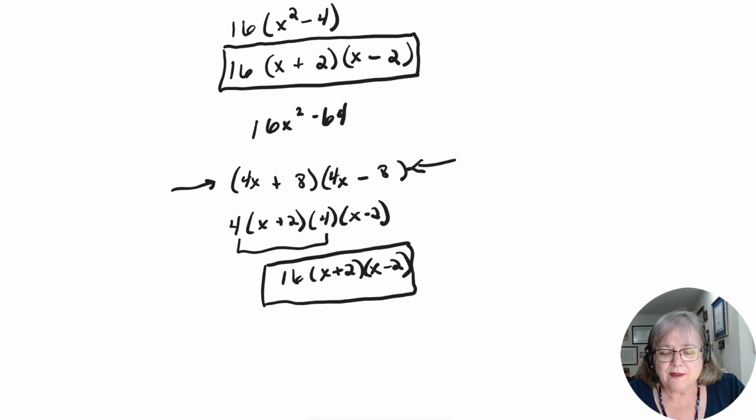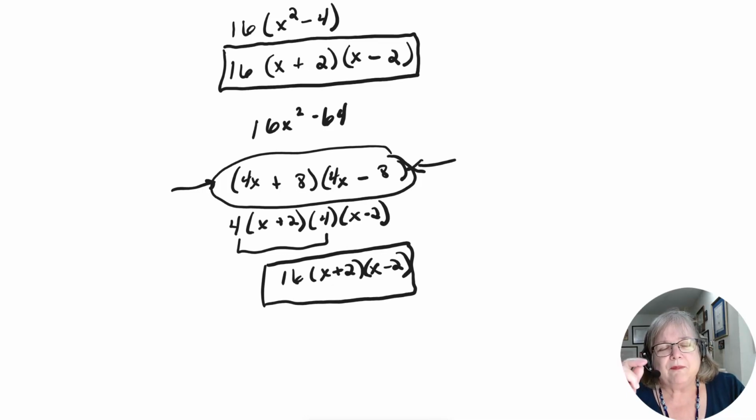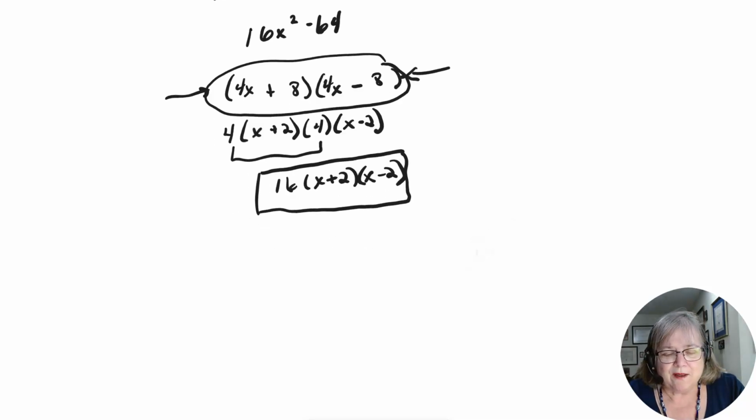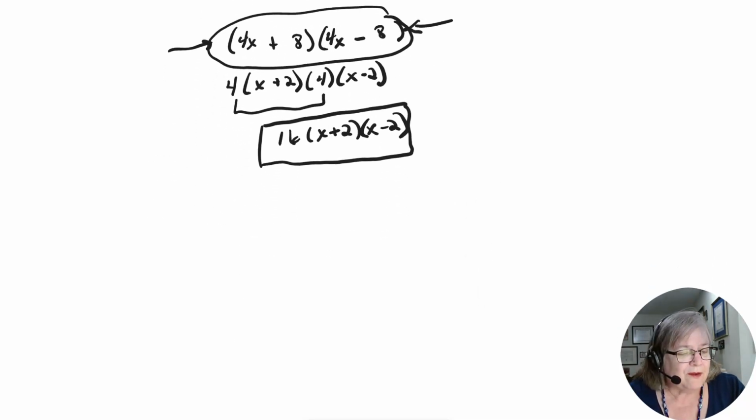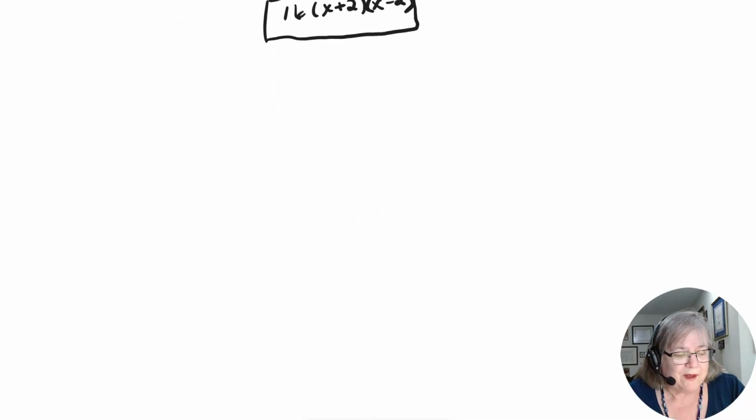Now, it's possible that you did this and you went, oh, yeah, there's a 4 in common. But students tell me that when they don't get the common factor out at the beginning, they often overlook it because they're so focused on taking the square root, putting it in front, putting the square root of the back, that they don't notice that there's still something in common left. So be sure to put it at the top of your list of things to do. It would be really helpful.